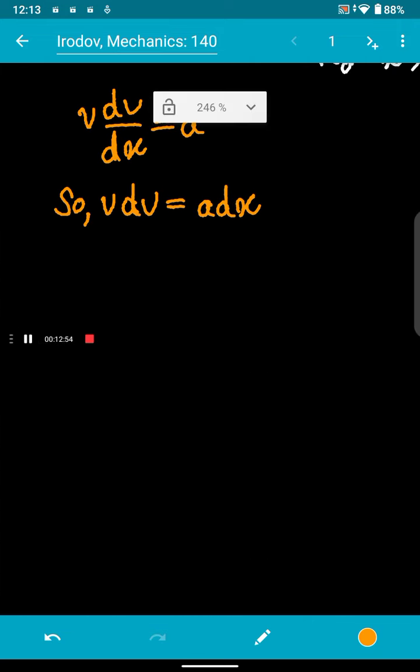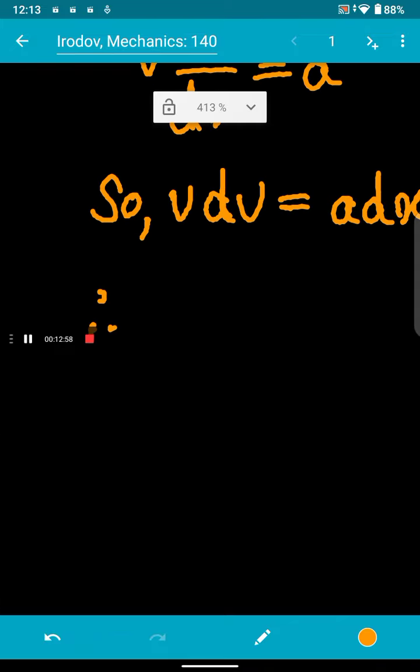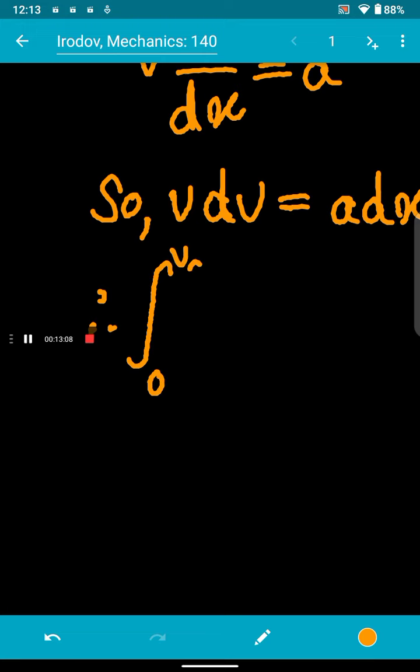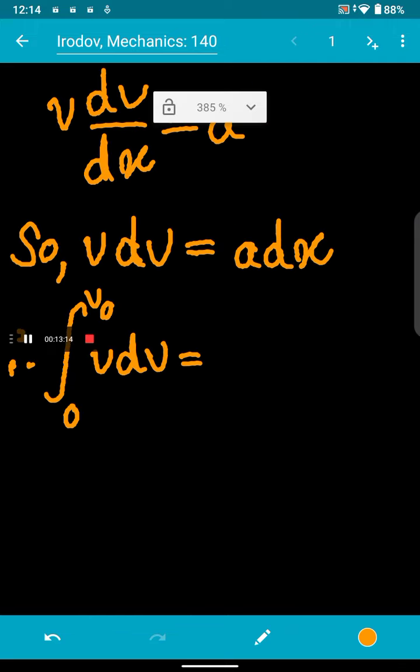Let the velocity of the second block be v naught at the time when the contact goes off. So integration starts from 0 to v naught of v dv.